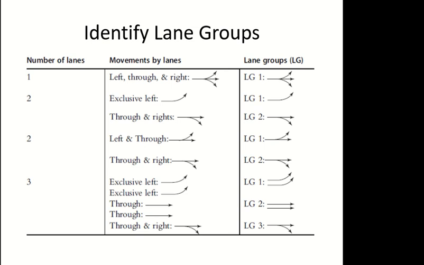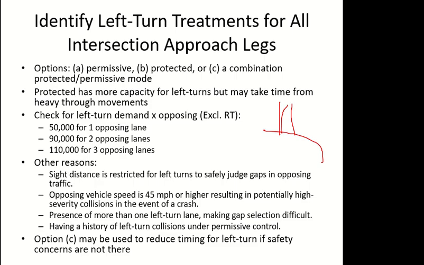Then you have to identify the lane groups. I've already mentioned this and shown this earlier as well. So let me ask you something. If I have this, and this, how many lane groups do I have here?